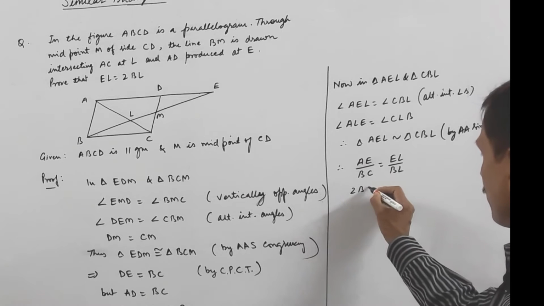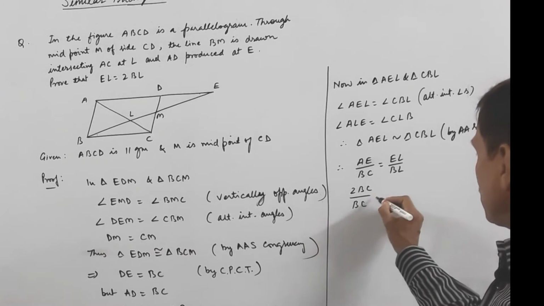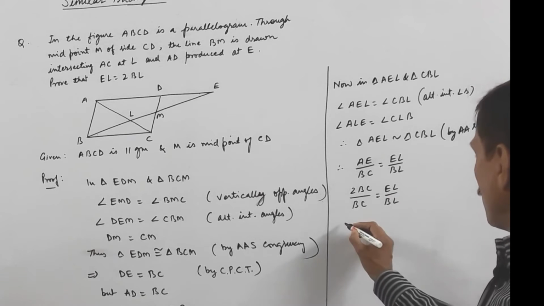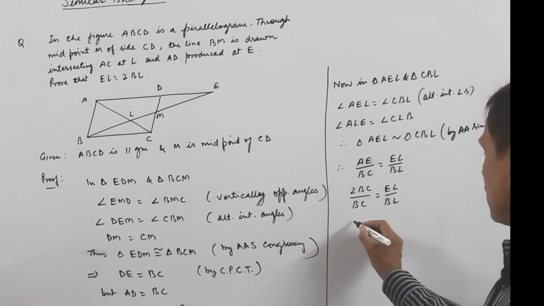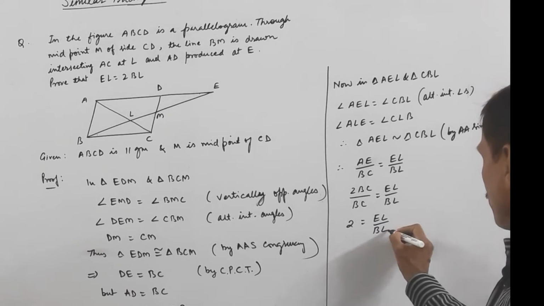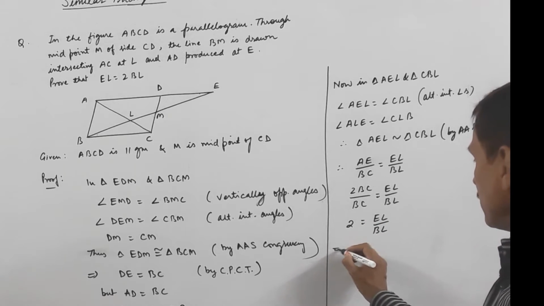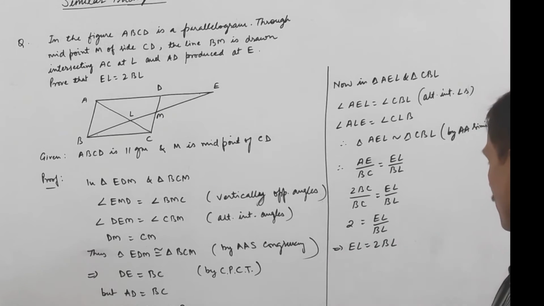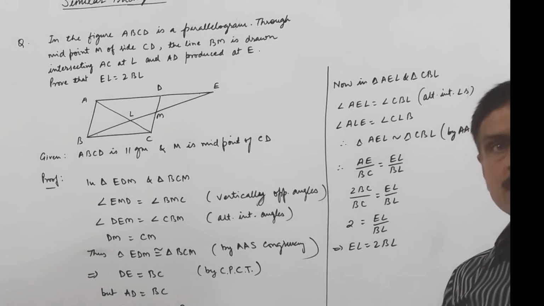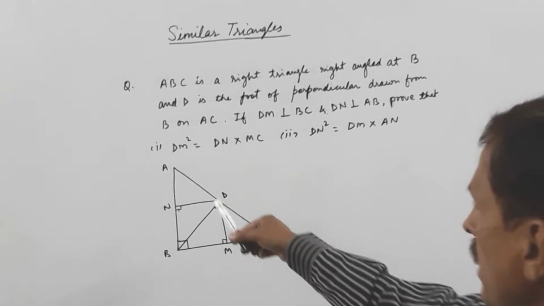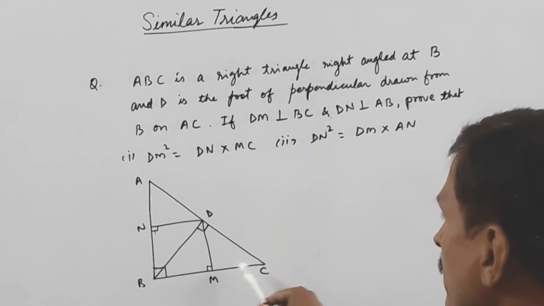So twice of BC upon BC is equal to EL upon BL. Then BC is cancelled. So 2 is equal to EL upon BL implies EL is equal to twice of BL. Hence, it is proved.